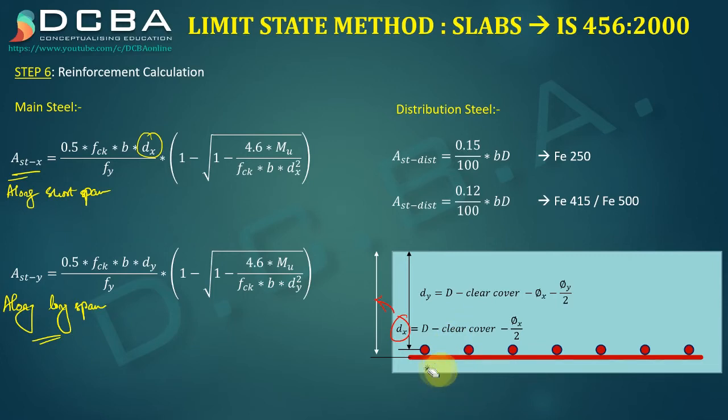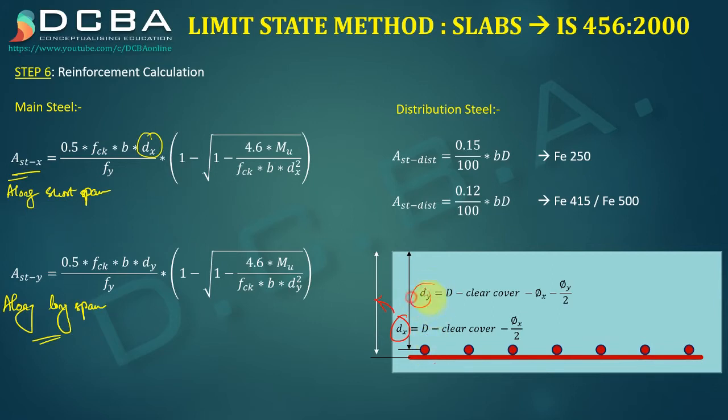Total depth D minus the clear cover minus the diameter by 2, so the diameter of this steel by 2. Okay, so phi x I have written is the diameter along the short span, or along the x span, and dy will be the depth of your secondary steel, that is the steel that you are providing along the y direction. It will be capital D minus clear cover minus the dia of your steel in x direction minus half of the dia of steel in y direction.